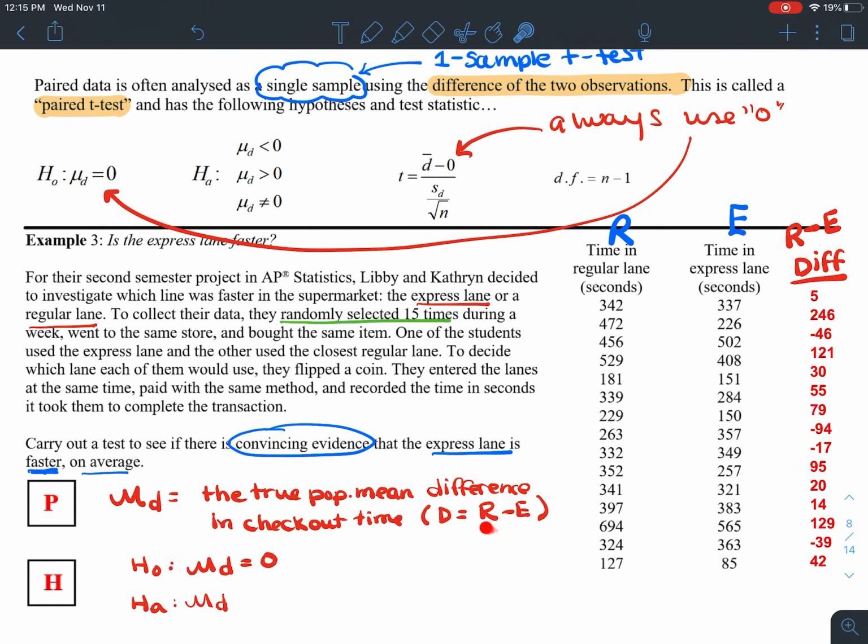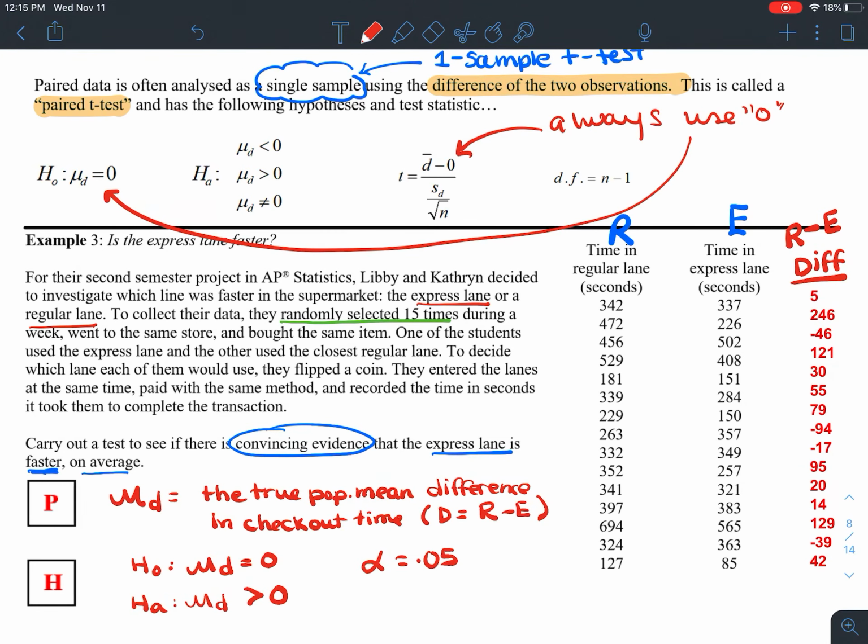So remember the order that we're subtracting in, regular minus express. We want to show that that difference is greater than 0, because if these numbers are larger than these numbers, then the differences would be all positive. This is also where we cite our alpha level, 0.05.